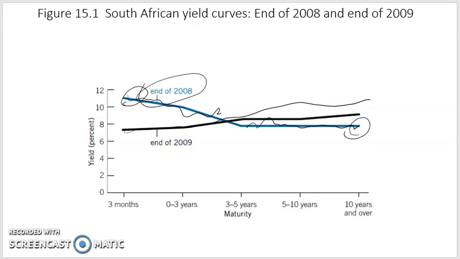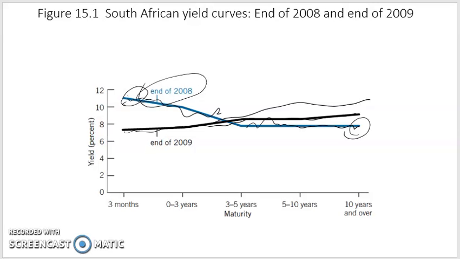In other words, long-term interest rates were much higher than short-term interest rates, hence the positive gradient of the yield curve. Put another way, long-term interest rates were lower than short-term interest rates at the end of 2008, but higher than short-term interest rates at the end of 2009.